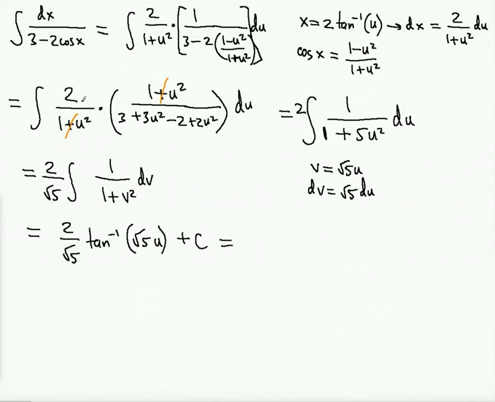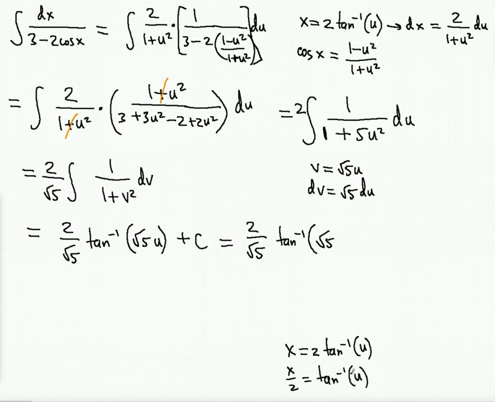But we need to have everything in terms of x. 2 over radical 5 arctangent of radical 5u, but u has to be in terms of x. How do we derive u? Well, we can derive u using this part, right? So we know that x was equal to twice the arctangent of u. So x over 2 is going to be arctangent of u, dividing both sides by 2.